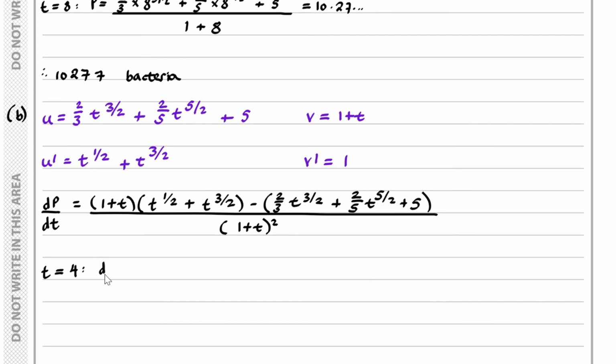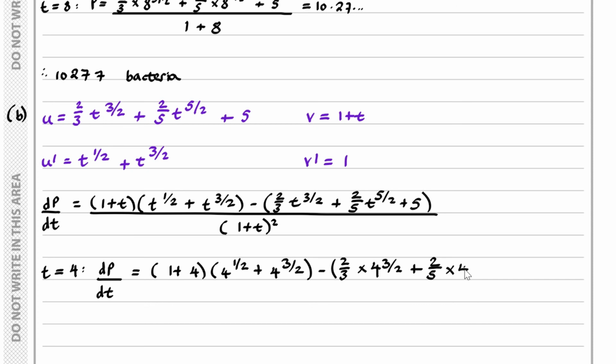So if we do that, we end up with dP over dt equals 1 plus 4, lots of 4 to the power of 1/2 plus 4 to the power of 3/2 minus 2/3 times 4 to the 3/2 plus 2/5 times 4 to the power of 5/2 plus 5. And on the bottom, we have 1 plus 4 all squared.